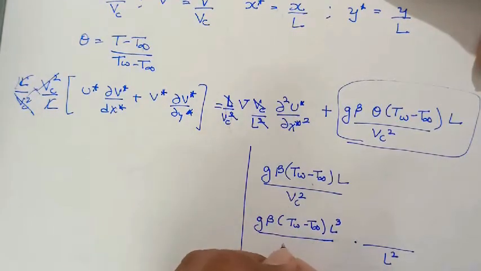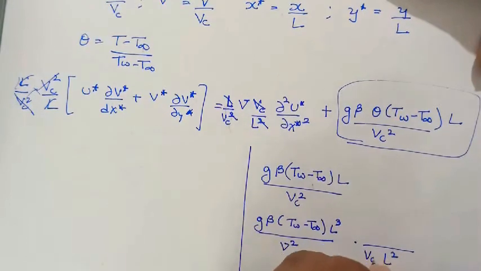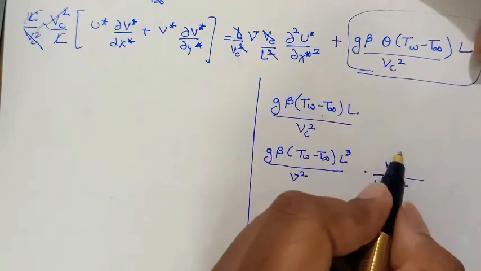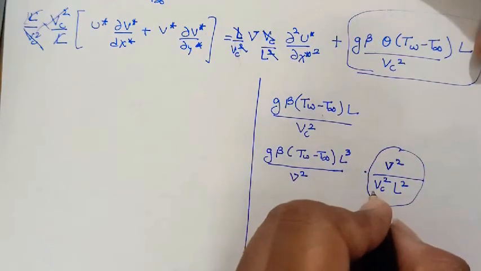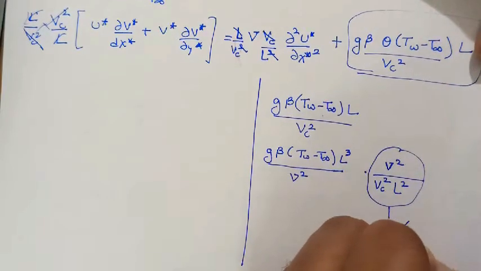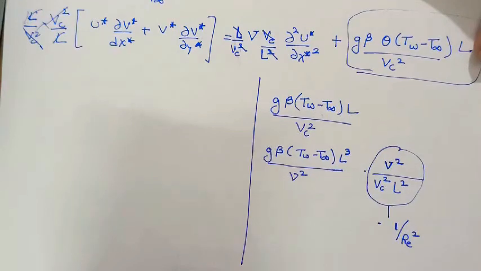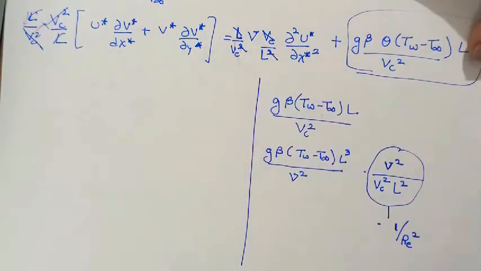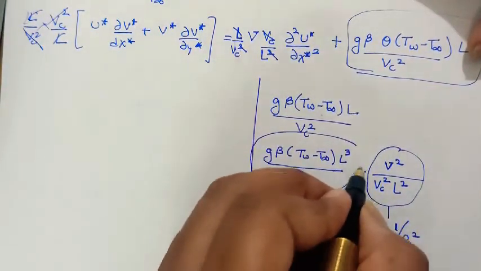So here we divide by mu square, so this Vc square will be at this point, and here we'll get the mu square, right? And if you see, this is nothing but 1 by Reynolds number square, right?